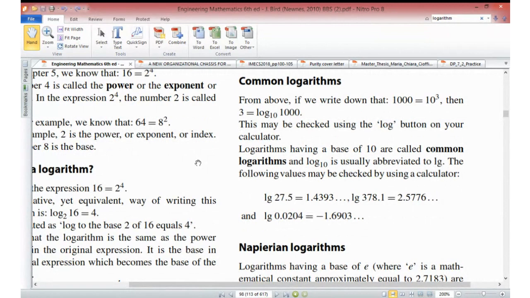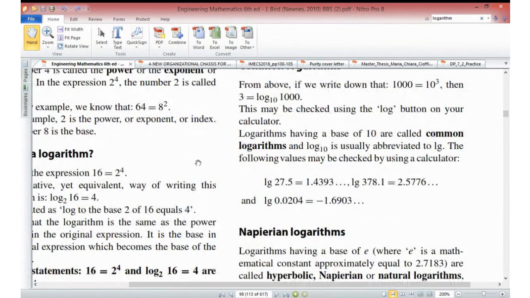We have the common logs, which are the logs that you really are aware of. Then we have what we call the natural logs, or Napierian logs.